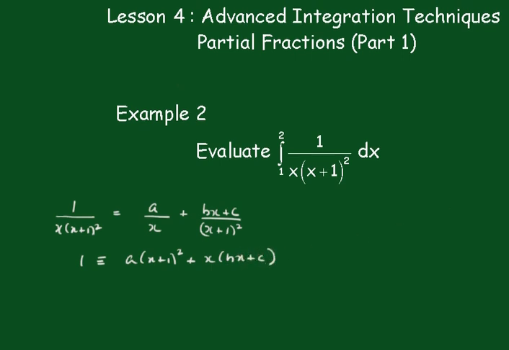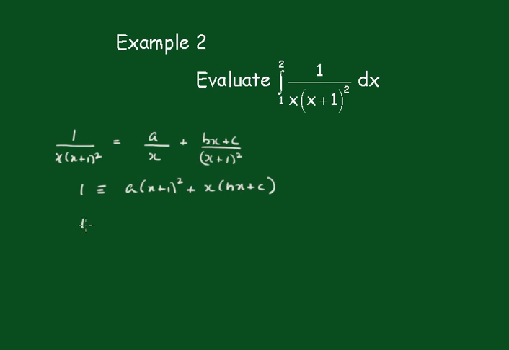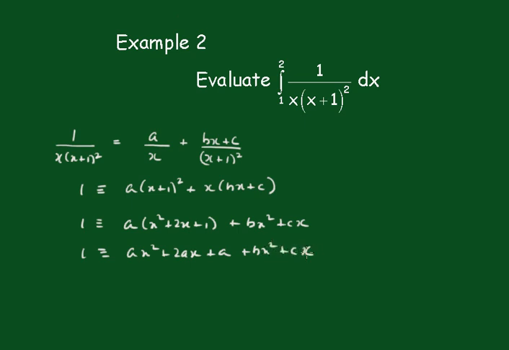So that becomes A(x squared plus 2x plus 1) plus Bx squared plus Cx, and that's equal to Ax squared plus 2Ax plus A plus Bx squared plus Cx.